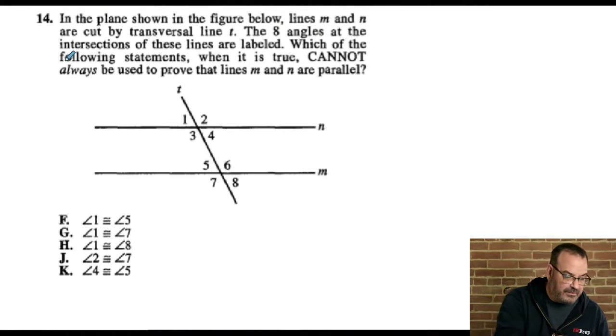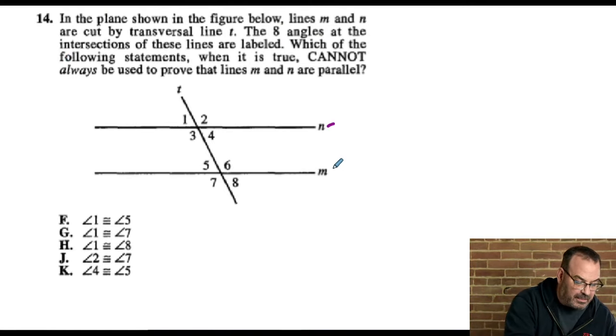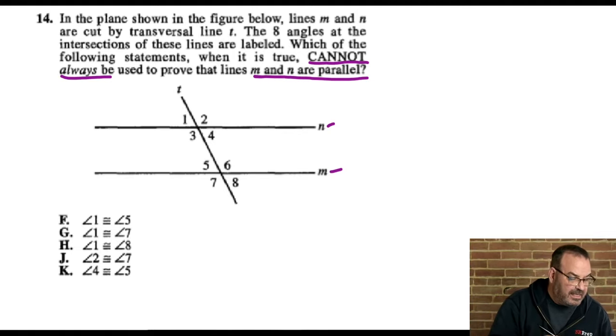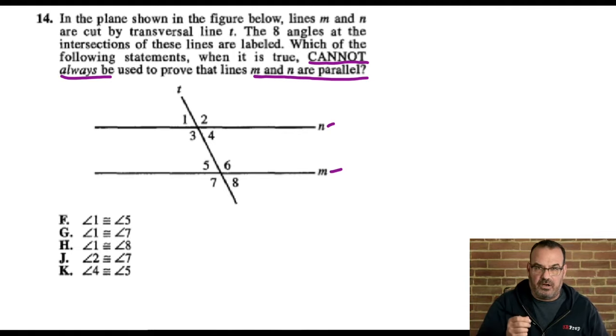This line where N is parallel to M and it's cut by a transversal, it says, of which of the following statements, when it is true, cannot always be used to prove that the lines are parallel. To prove that the lines are parallel, we need that opposite angles are congruent.